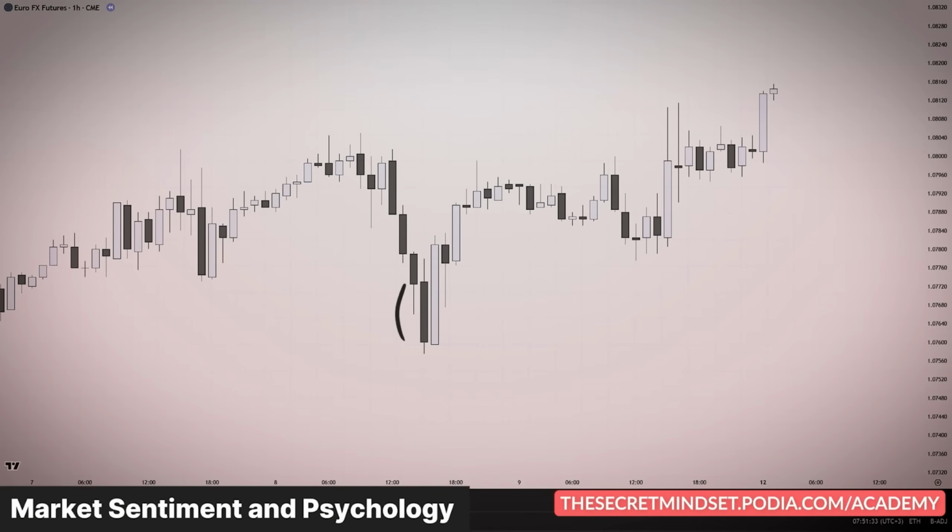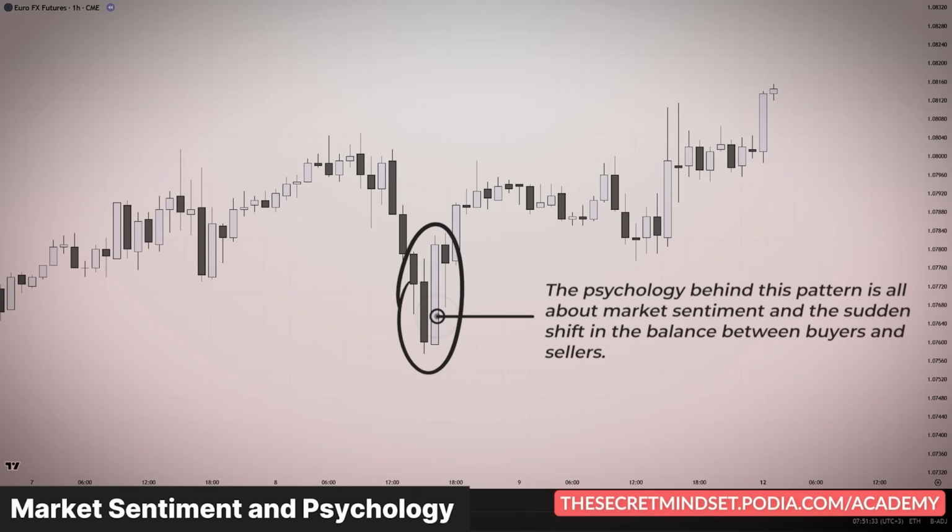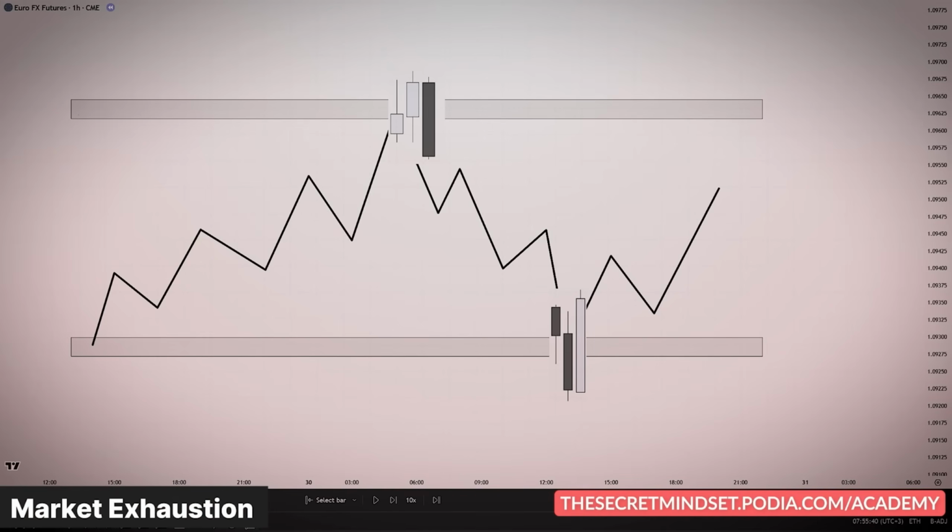The psychology behind this pattern is all about market sentiment and the sudden shift in the balance between buyers and sellers. Before an engulfing pattern occurs, there usually is a clear trend. This trend indicates a prevailing direction where the majority of market participants are either buying or selling. At some point, the market starts showing signs of exhaustion.